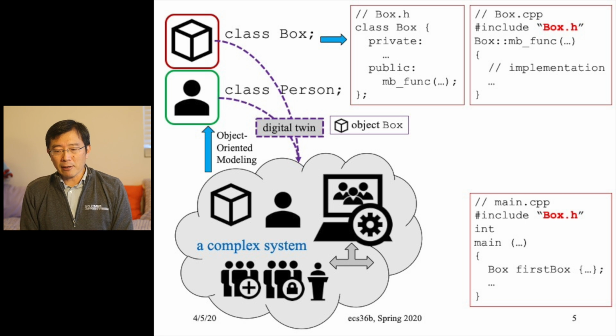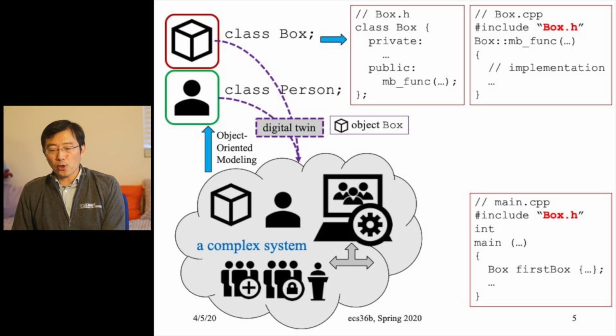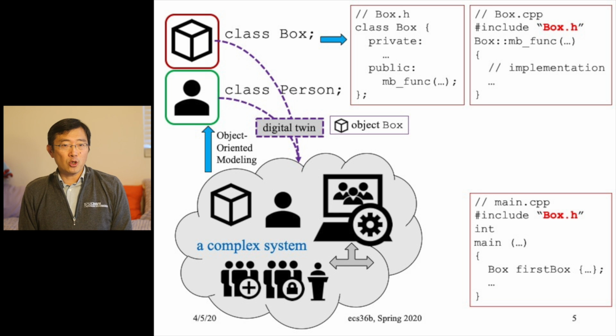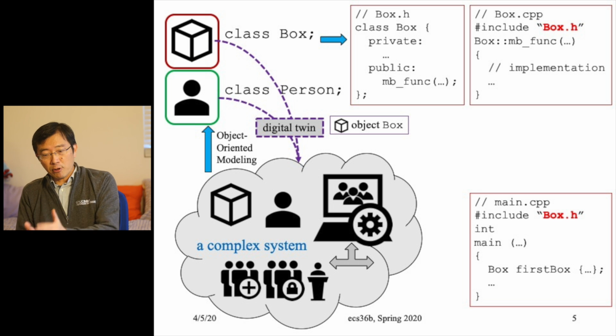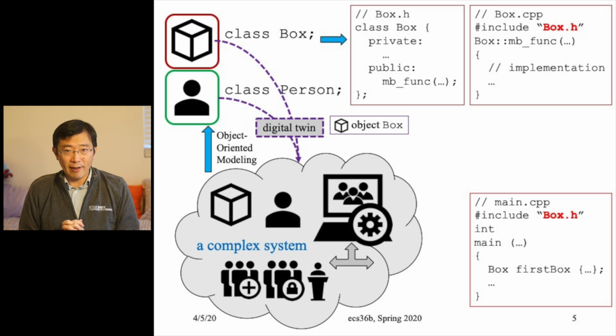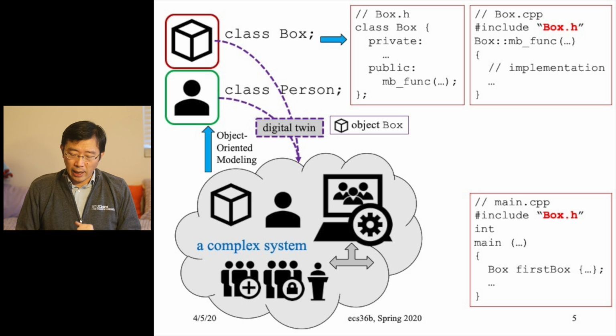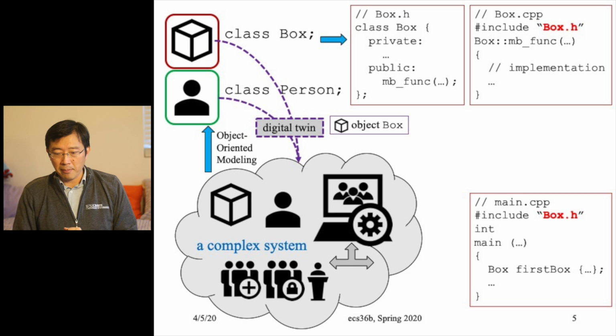The purpose of box.cpp, this is very important, is for the implementation detail about the box.h, while the main.cpp is just the user scenario: I want to use the definition of box to do something. Okay, this separation is important because later you will see how we leverage this to implement the idea of encapsulation. Okay, let me show you a further example.